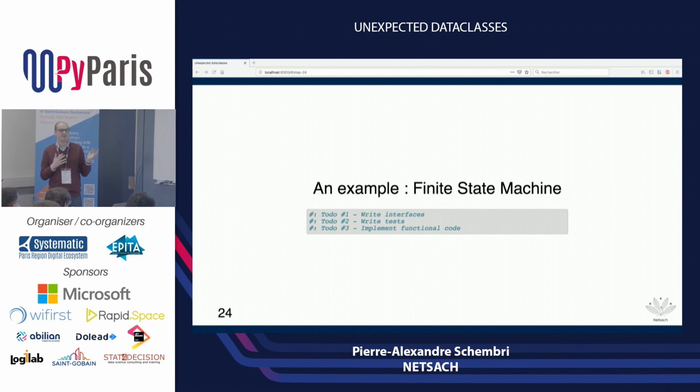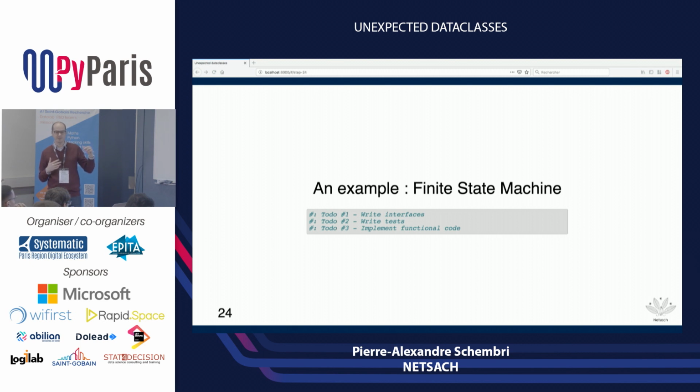The best way is to first write interfaces in order to be able to write tests, and to enforce the fact that we are using test-driven development. If you're not doing test-driven development, I encourage you to look at how we can achieve that. And finally, we write the implementation.